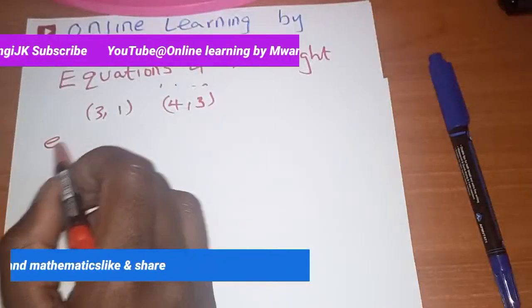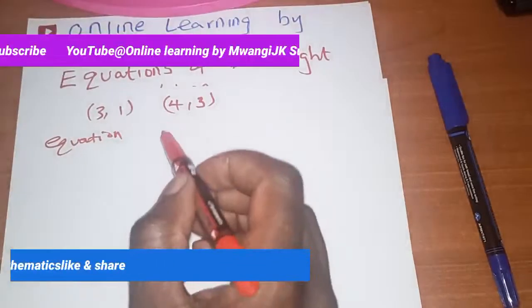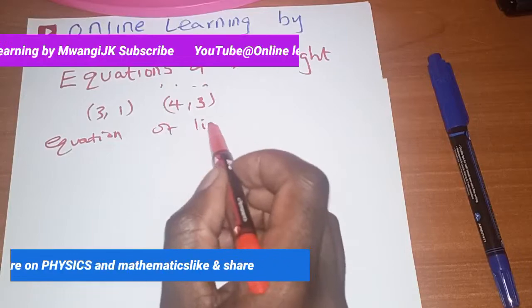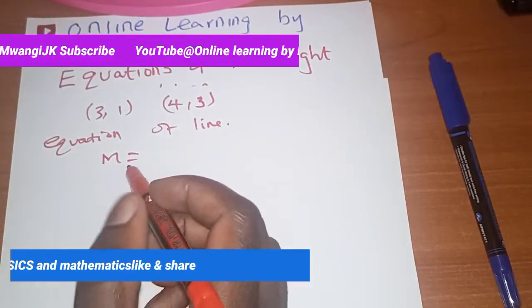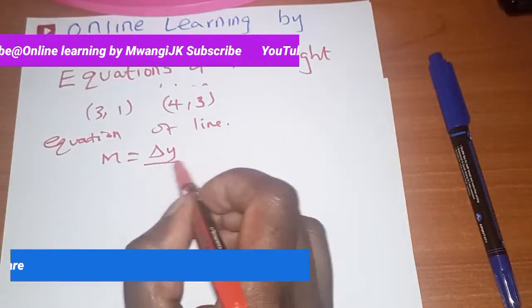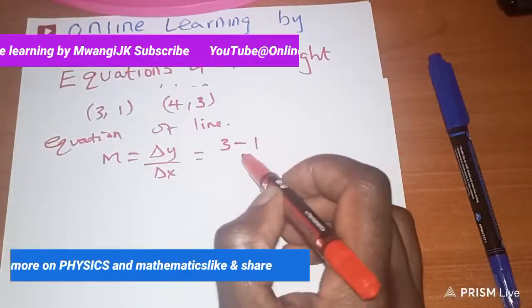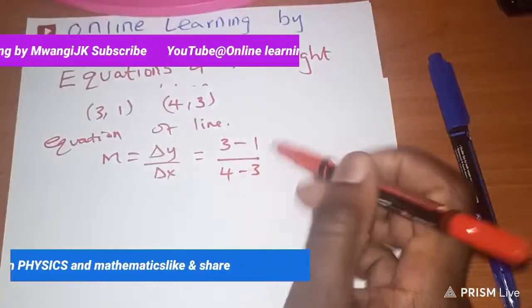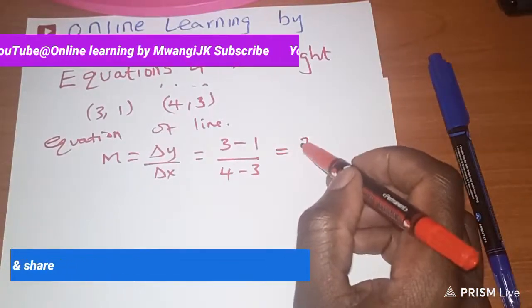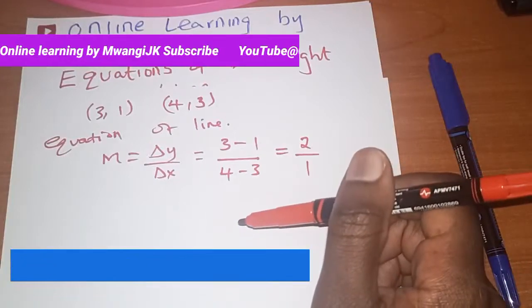I want to determine the equation of this line. I'll first get the gradient. I've said gradient m is the change in y over change in x, so 3 minus 1 divided by 4 minus 3, and this is 2 over 1. So my gradient is 2.